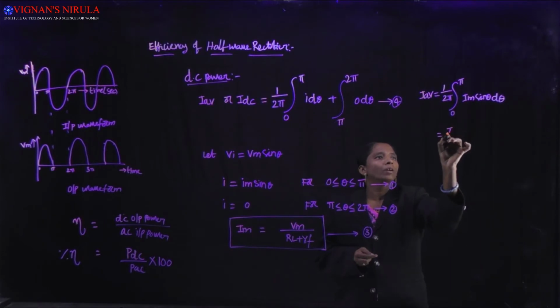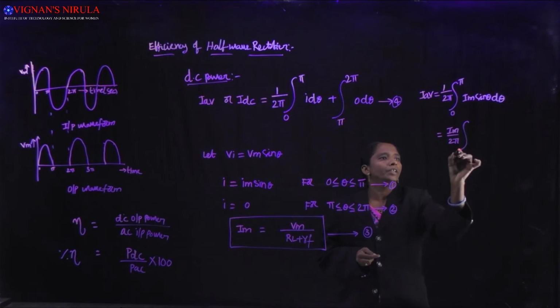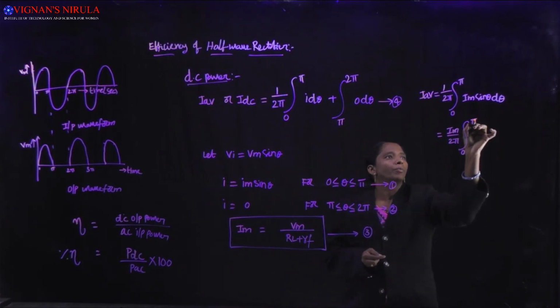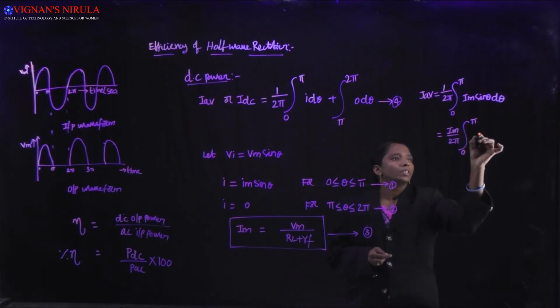Now, Im by 2 pi integral 0 to pi sin theta d theta.